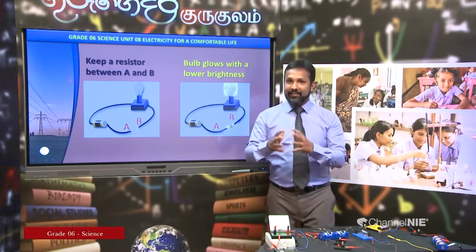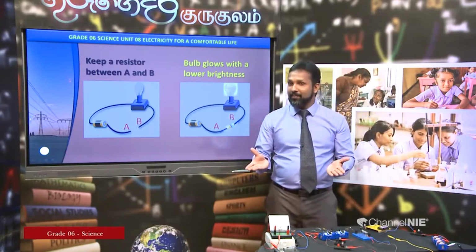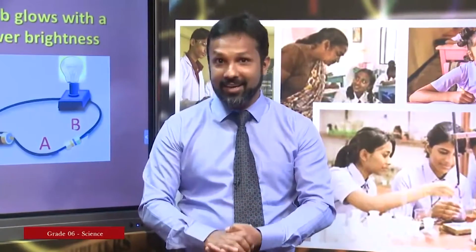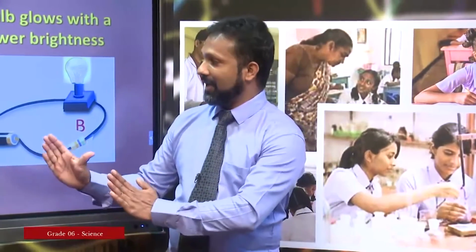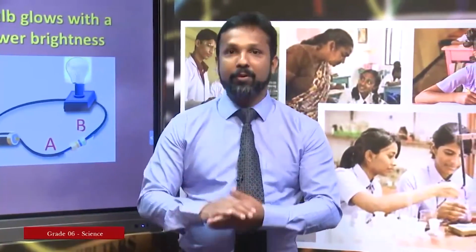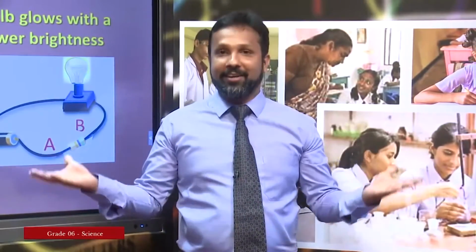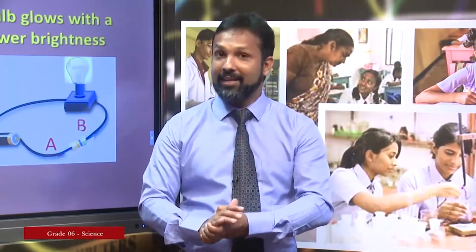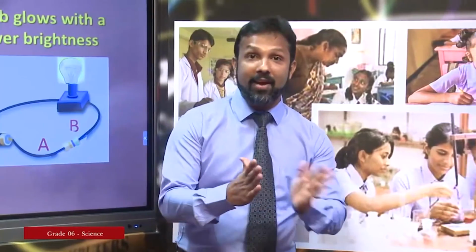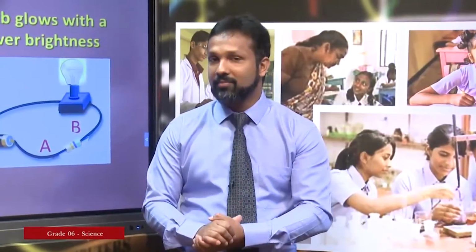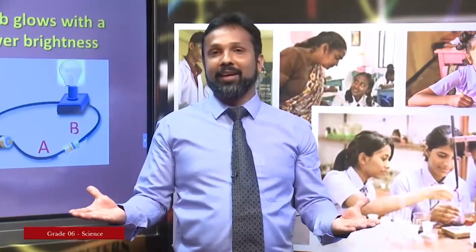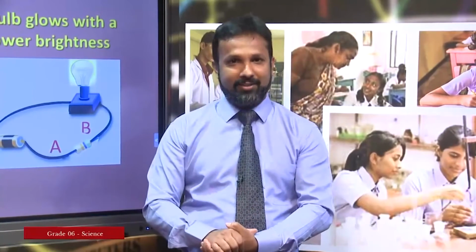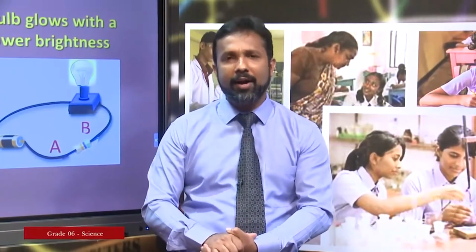Through this simple activity, what did you understand? Tell me. When connecting a conductor between A and B, the bulb glows with a higher brightness. Why is that? Conductors are the materials that conduct electricity well. Then, when keeping a resistor between A and B, the bulb glows with a lower brightness. From that, what can you understand?